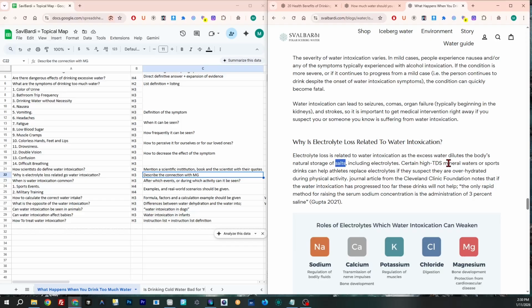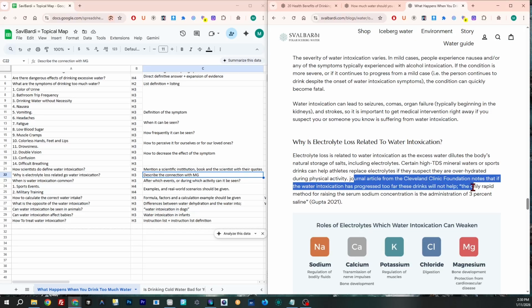Certain high TDS mineral water or sports drinks can help athletes replace electrolytes if they suspect they are overhydrated during physical activity. A journal article from the Cleveland Clinic Foundation notes that if the water intoxication has progressed too far, these drinks will not help. The only rapid method for raising the serum sodium concentration is the administration of 3% saline.